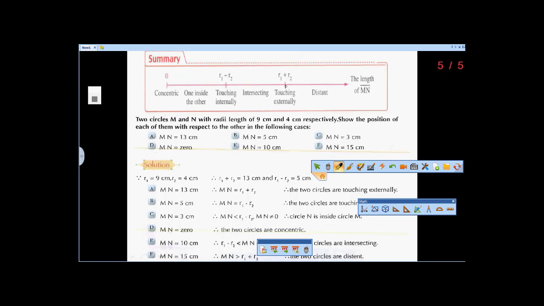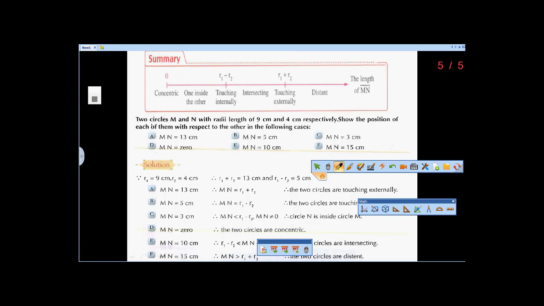Touching externally, if MN equals R1 plus R2. If MN less than R1 minus R2, so I find one circle inside the other. If MN greater than R1 minus R2 and less than R1 plus R2, the two circles are intersecting. If MN greater than R1 plus R2, then the two circles are distant.